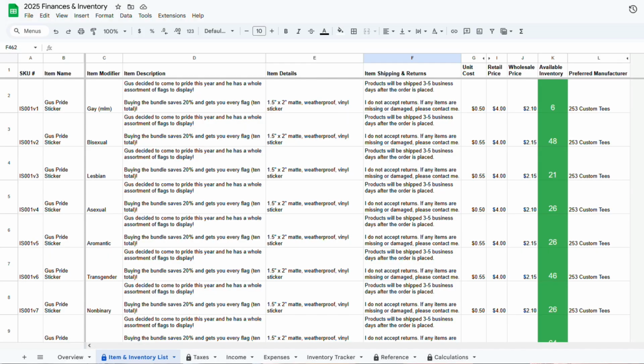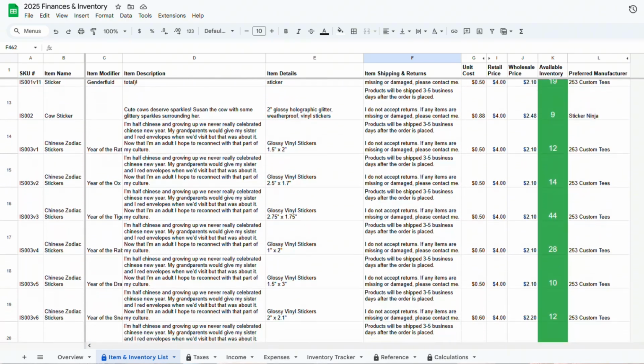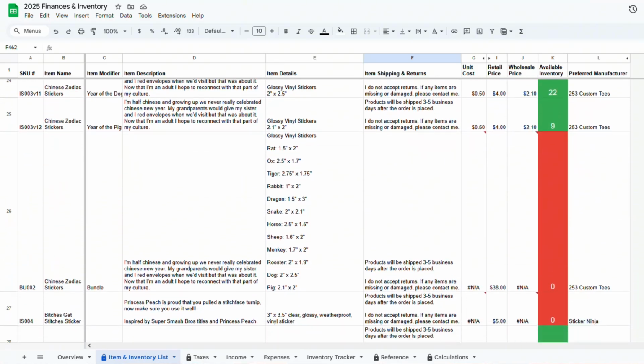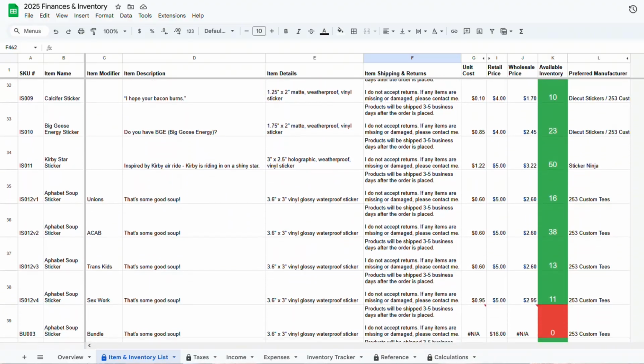In addition to this, I often wasn't tracking product variants. If you look at my Gus Pride stickers, there's a whole bunch of different flags, but I wasn't actively tracking the specific flags. I was just tracking the overall Gus Pride stickers. This is because previously I wasn't tracking inventory, so that wasn't as big of a deal.